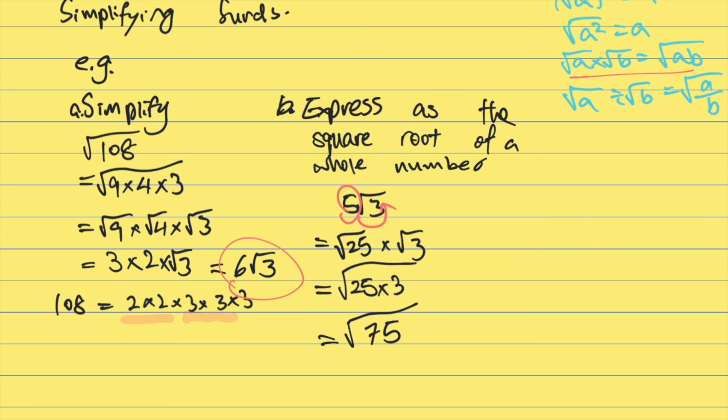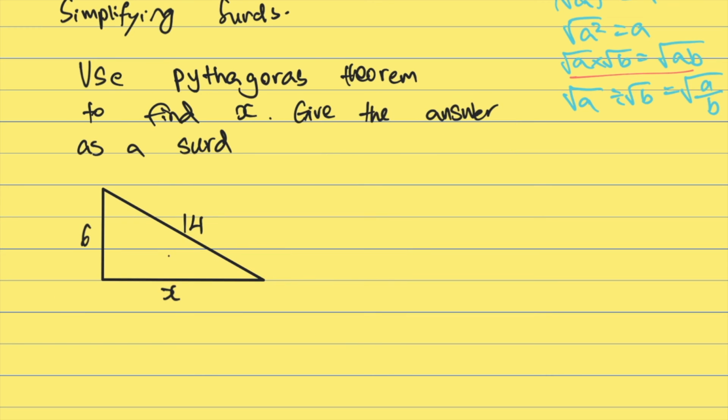Let me show you one question that includes Pythagoras theorem. Use Pythagoras theorem to find x, give the answer as a surd. If you forgot the formula, it's a squared plus b squared equals c squared.